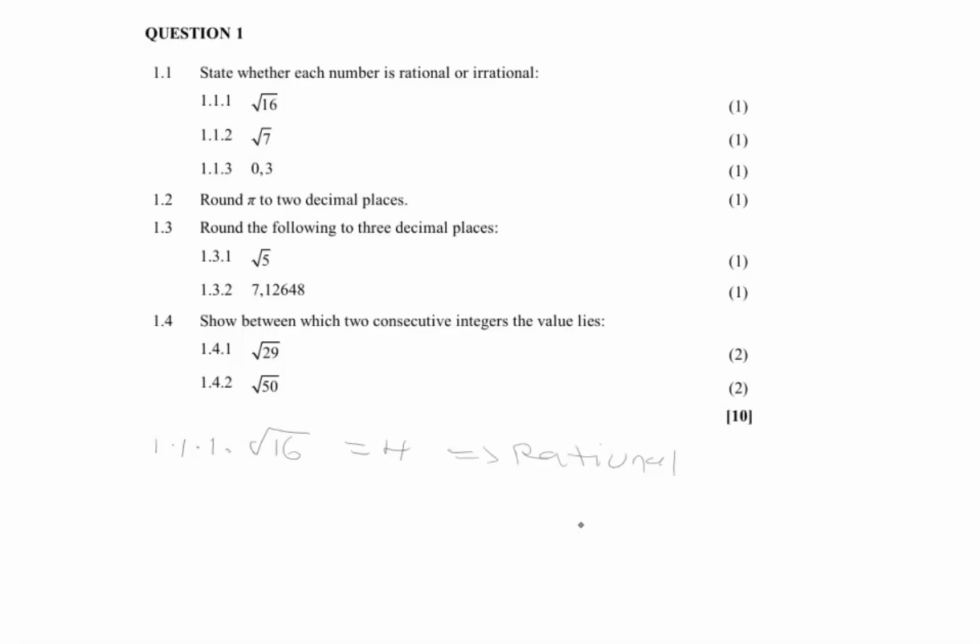And let's go to the next question, which is question 1.1.2. You are given the square root of 7. We have to write the square root of 7 in decimal form.